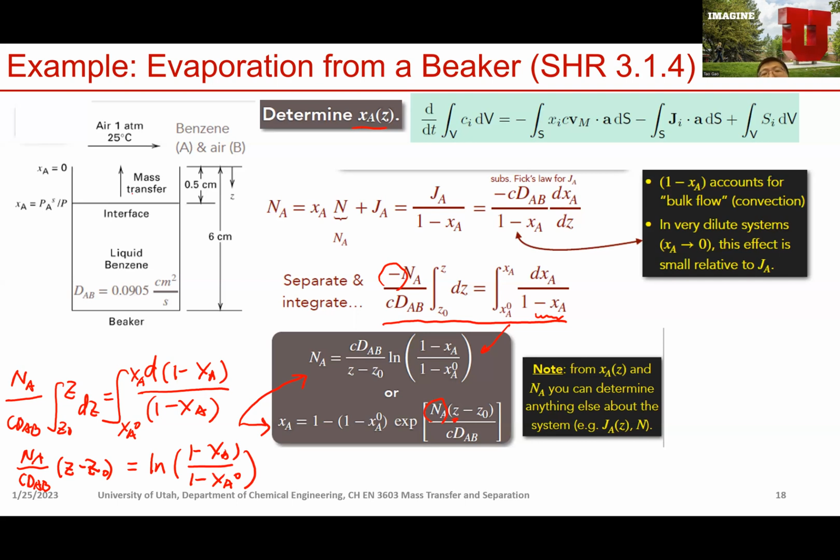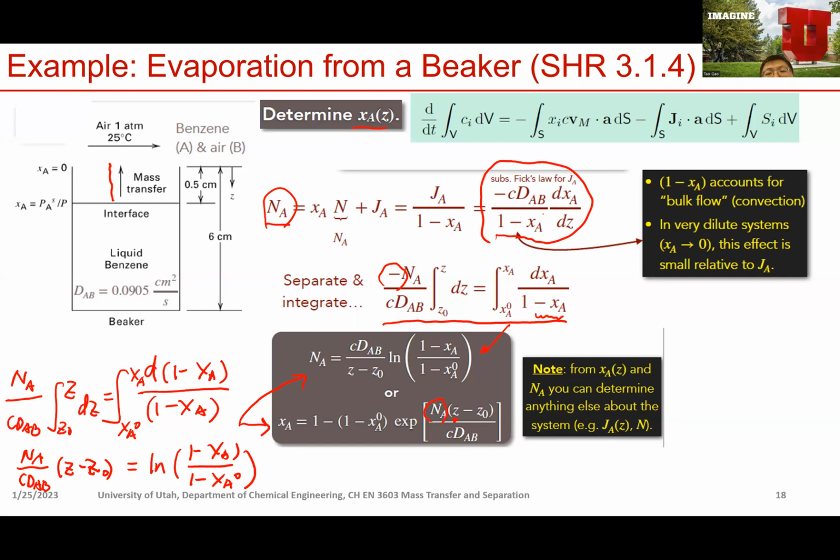So this problem is quite similar to the previous problem. There are two differences. One is that instead of assuming there's no bulk flow, we don't do that. So we start from Na. We can still prove Na is constant throughout this tube at steady state. But now at the end you find out that the flux equation is somewhat modified by a factor of 1 minus xa, right?